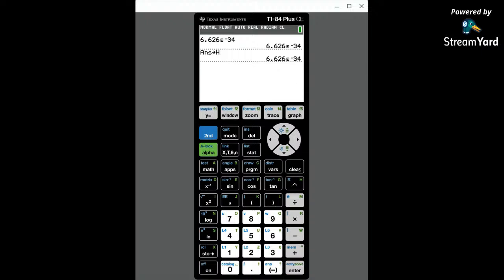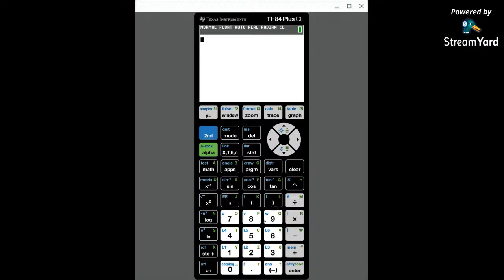Hit enter. And now it's in there. Again, I can verify by clearing, typing back in alpha H, hit enter, and there it is. So now anytime I work a problem using Planck's constant, instead of having to type in 6.626 E negative 34, alpha H.